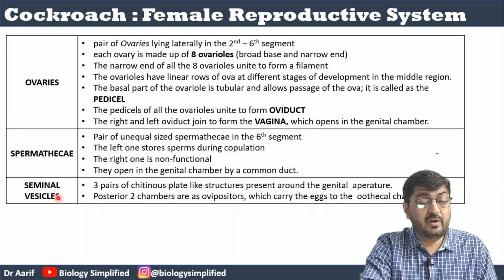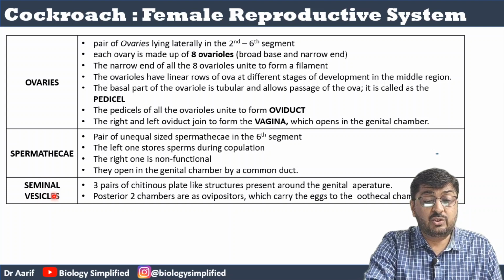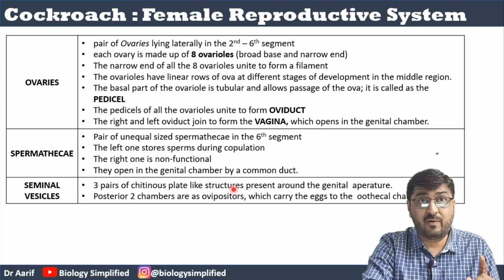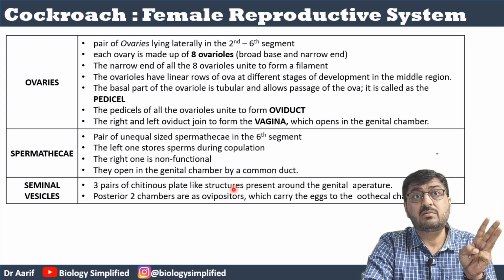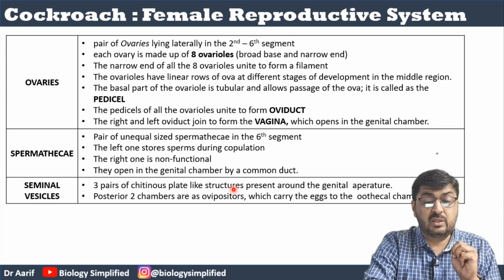This should not be the seminal vesicles. It is wrongly written. This should be gonapophysis here. There should be gonapophysis. Apologies. 3 pairs of chitinous plate-like structures. That is gonapophyses. In the male there were 3; in the female there are 3 pairs around the genital aperture.